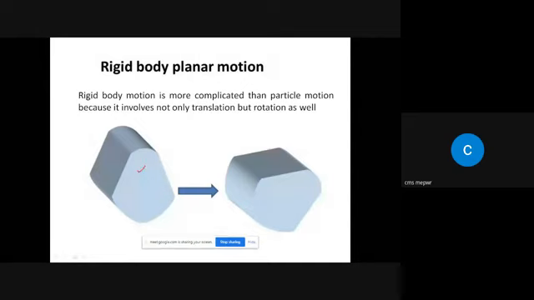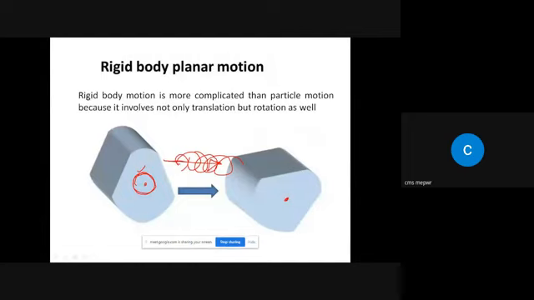It can translate, it can move like this, and it can also rotate about its fixed axis. During that motion, it can also have rotation, so you can see over here that the orientation of this object is changed. So rigid body motion, due to this reason, is more complicated as compared to particle motion because it involves translation as well as rotation.